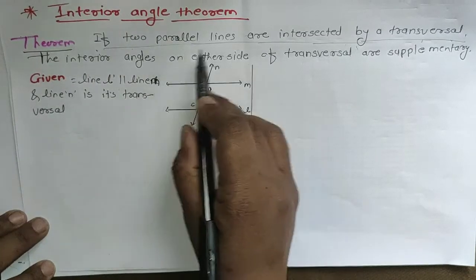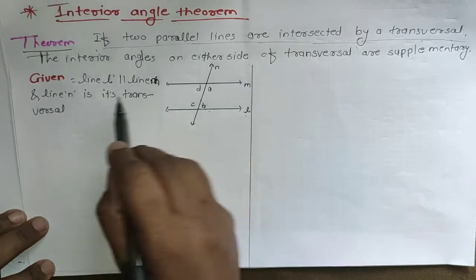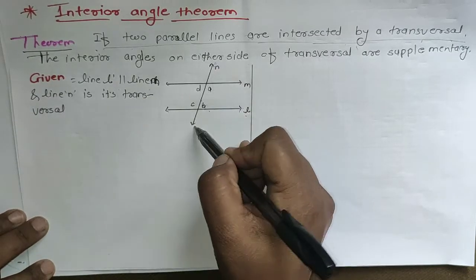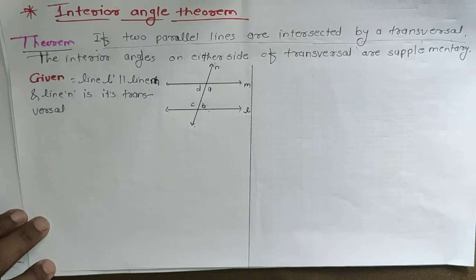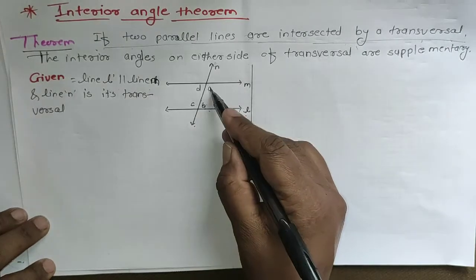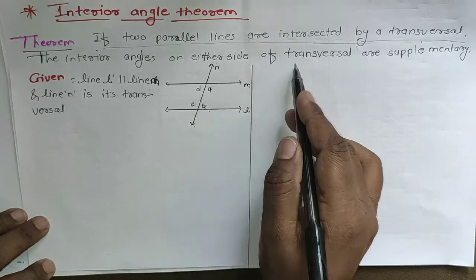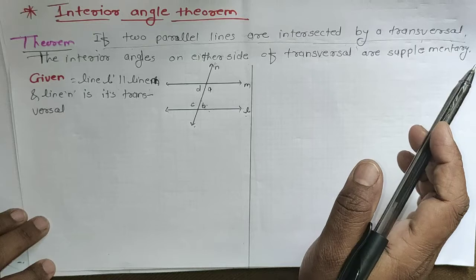As per the statement, we wrote which lines are parallel to each other and which is their transversal. Hence, the interior angles which are formed, we have to write here first, and then show that they are supplementary to each other.